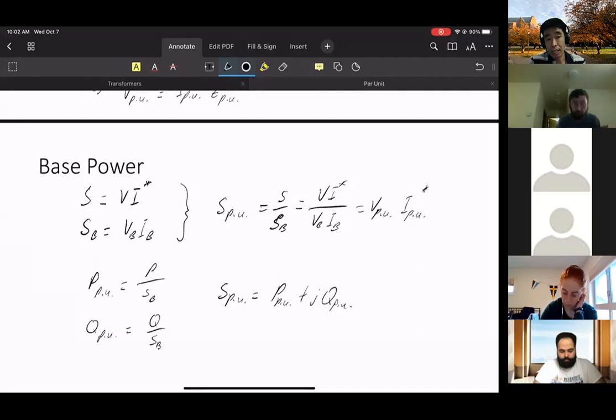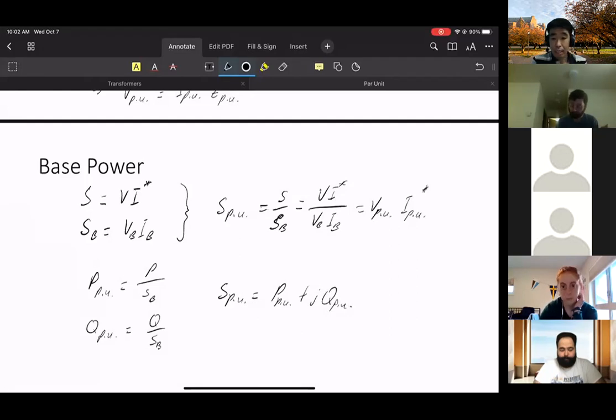That's generally not a notion like this. What we have is an apparent power base, for example, in units of volt-amps. Then you divide by that to get both the per unit active power and reactive power. Okay, so that's how we choose power.